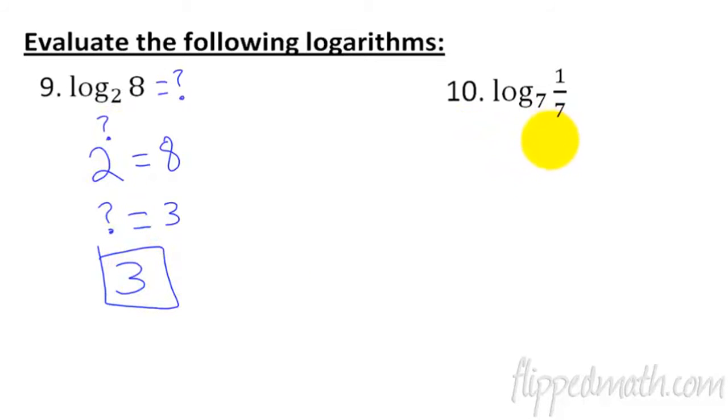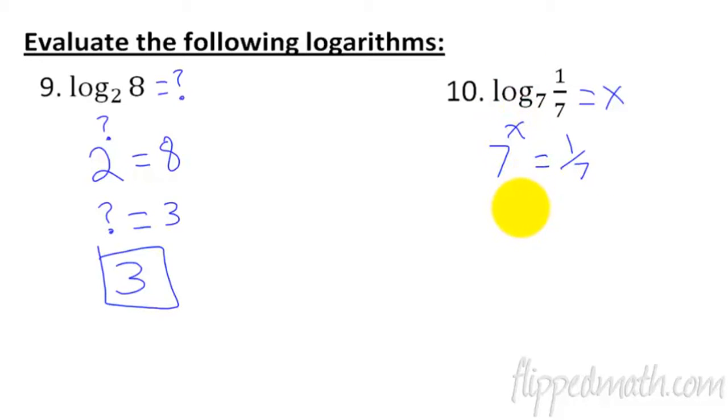Now let's do this one. This time I'll use a variable instead of a question mark. I'll say that it equals x as we're trying to evaluate this. So 7 raised to some unknown variable is going to equal 1/7. So we take the logarithmic form, transfer it to exponential form. How can this possibly be true? What exponent would we need?